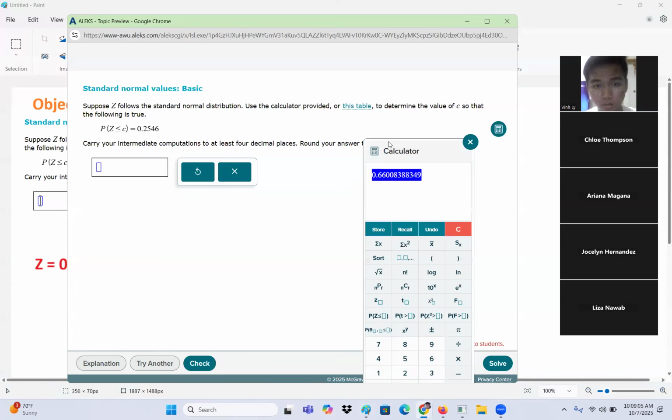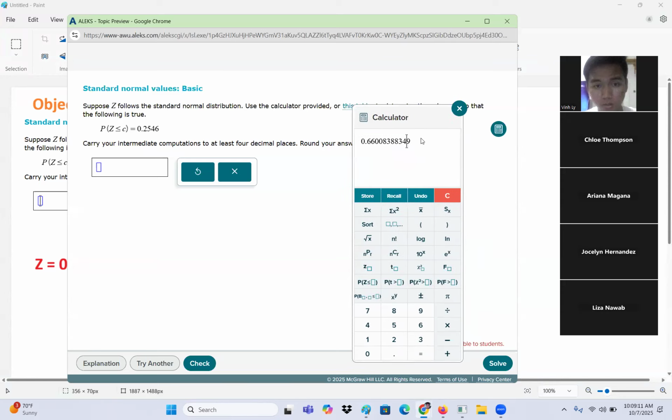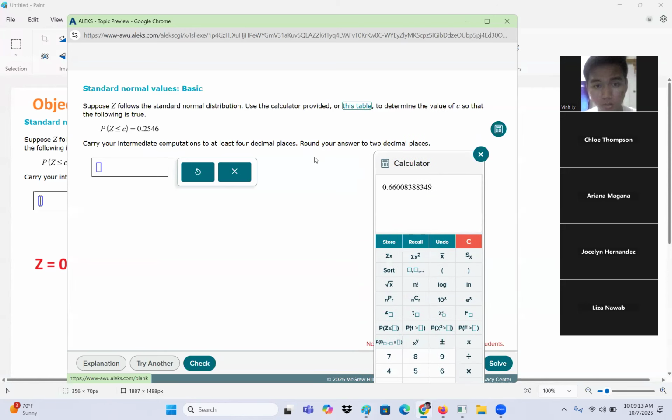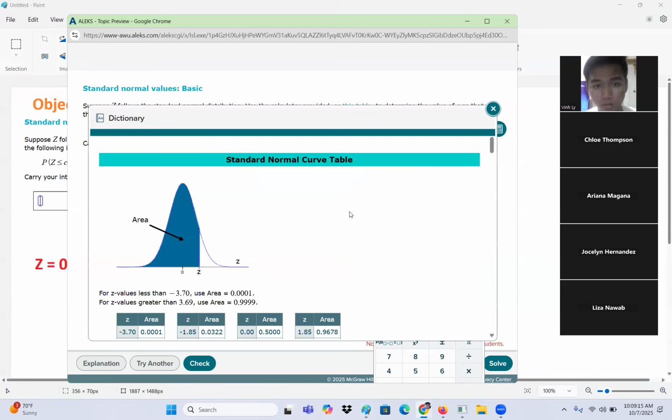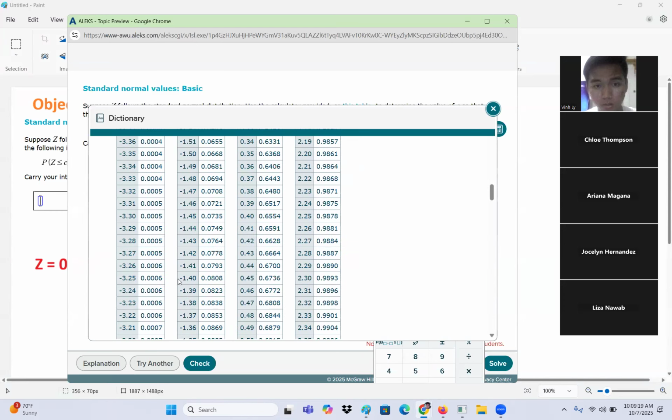So let's take out 3 and see what 375 is. Let me use a table and see if that gives me the same results. 0.66 on the left side.